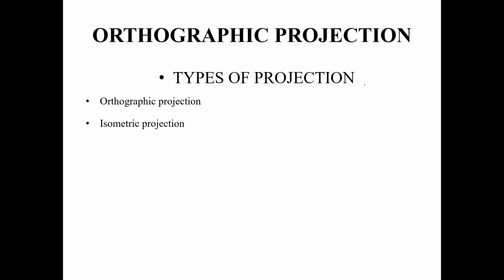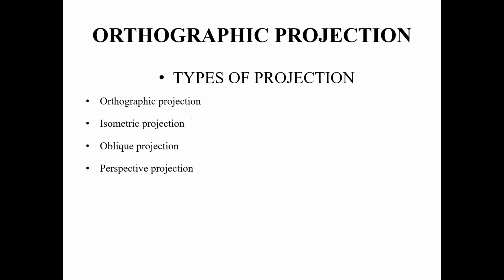Other than orthographic projection, there is isometric projection, which we are going to study in slightly lesser detail. Then we have certain other types, which are called oblique projection and perspective projection. So these are the most popular types of projection.